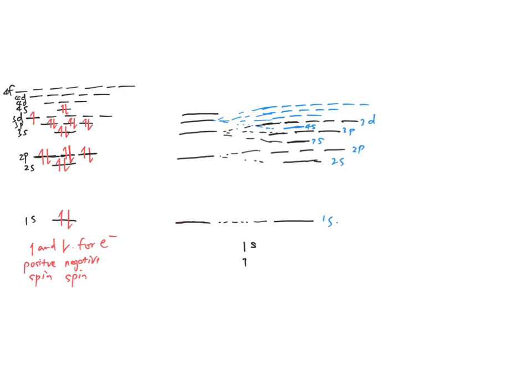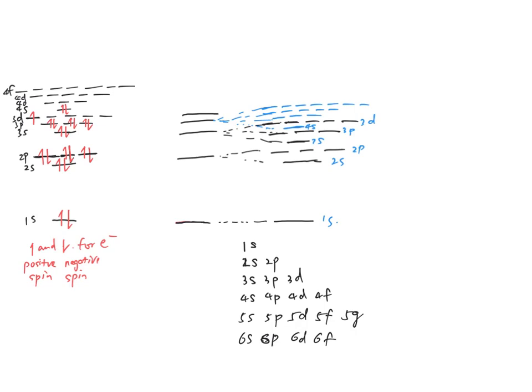First shell 1s, second shell 2s, 2p, 3s, 3p, 3d, 4s, 4p, 4d, 4f, 5s, 5p, 5d, 5f, let's say 5g, 6s, 6p, 6d, 6f, 6g, and let's say 6h. And the list, of course, can go on and on.